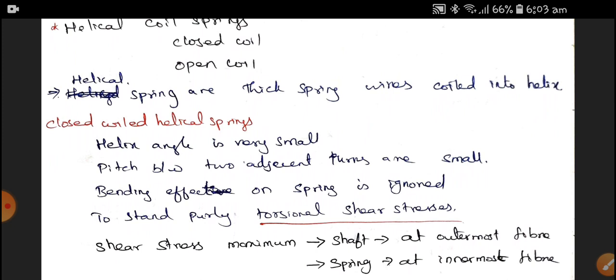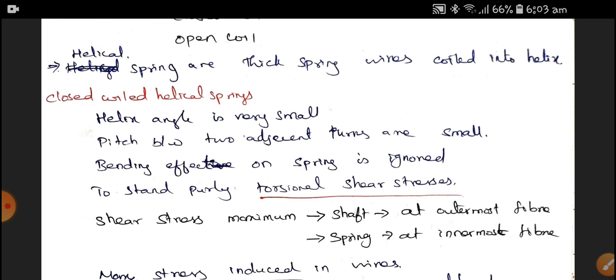In the closed coil helical spring, the bending effect on the spring is ignored, whereas in the open coil helical spring, bending is there. If you take a long helical spring and compress it, there is a definite chance of buckling. In the open coil there is this problem, whereas in the closed coil there is no bending effect, so it is ignored.